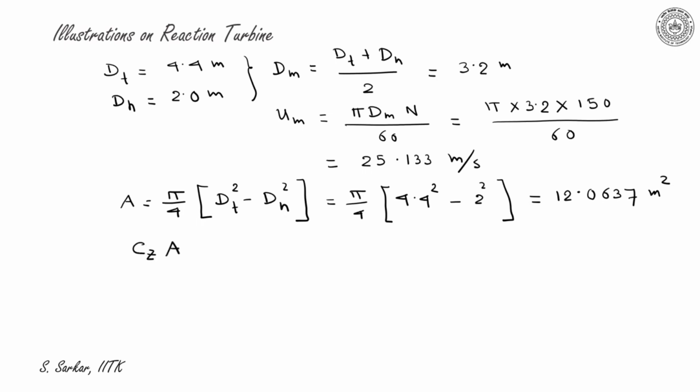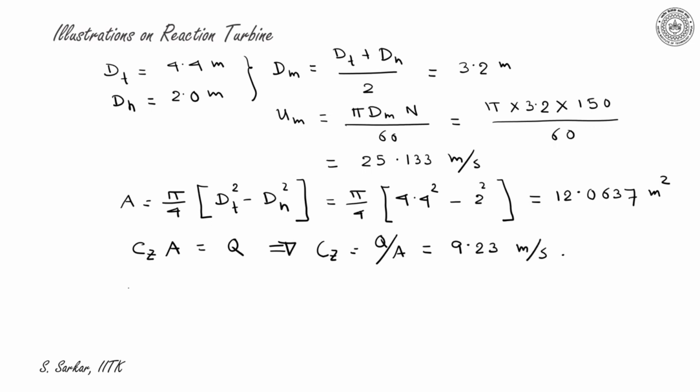Now, head developed would be equal to U1 C theta 1 for a turbine minus U2 C theta 2 divided by g. And if eta H be the hydraulic efficiency, this is the actual head developed. So this is the expression of actual head developed.